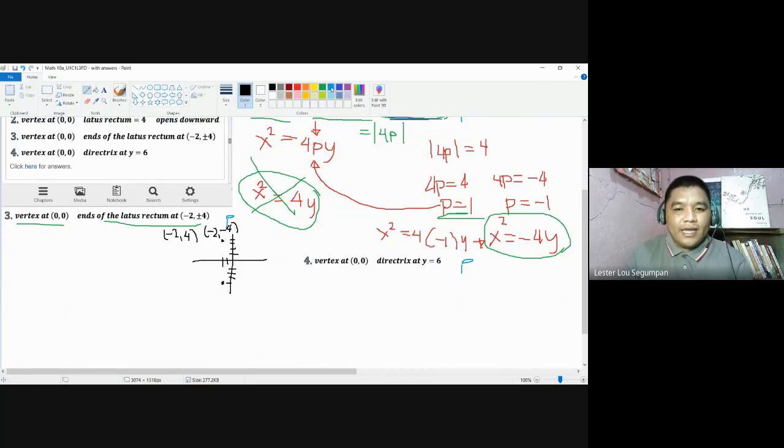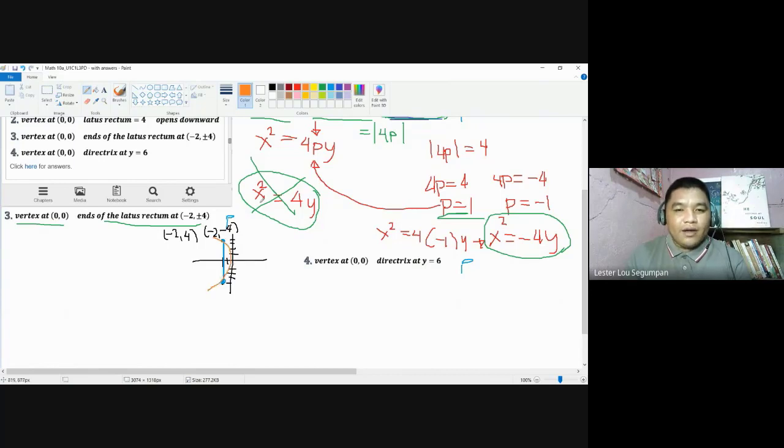So if these are the ends of your latus rectum, what does your latus rectum look like? A vertical or horizontal line? These are the ends. In short, our latus rectum should be a vertical line. And what is the implication if it's a vertical line? If it's a vertical line, the parabola should open towards the left.